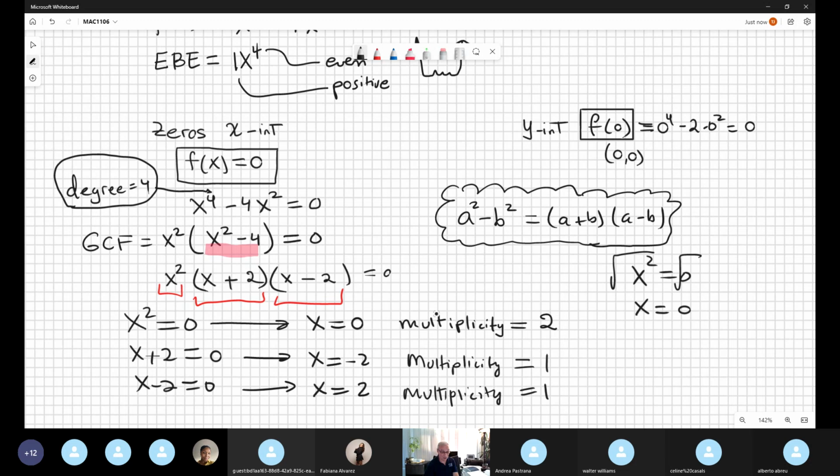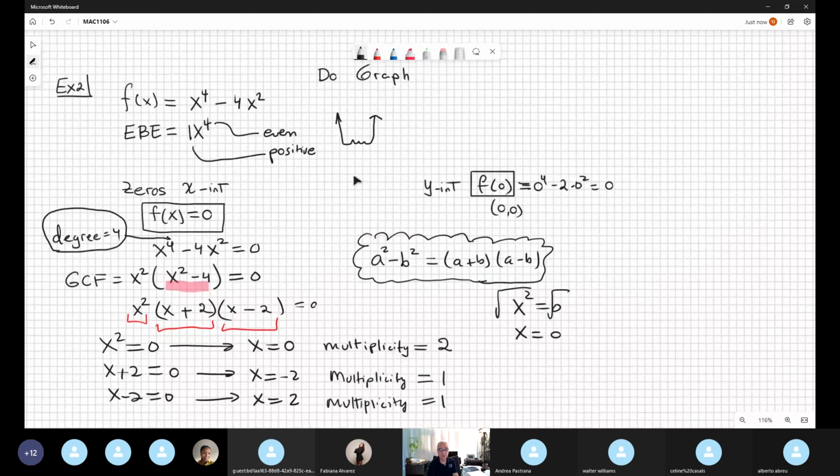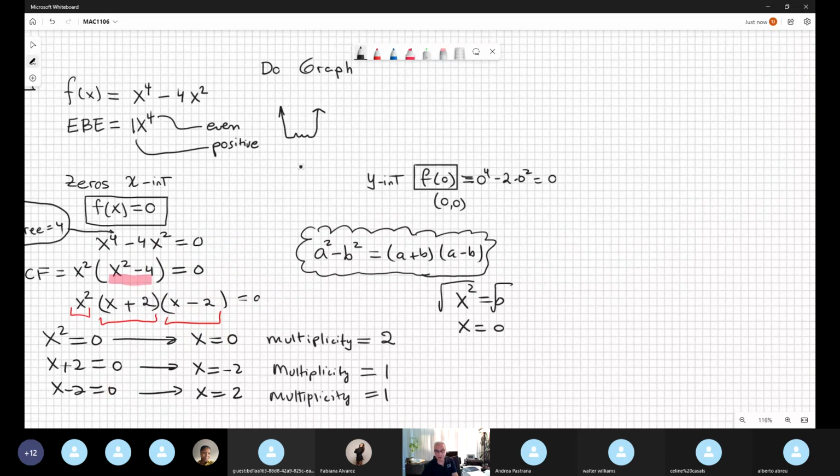Now, the thing I want to illustrate is the end behavior. You know the end behavior. Look, this is the end behavior. Let's try to do quickly, roughly, the sketch, and afterwards we check it out in Desmos. This is the x-axis, this is the y-axis. The important point is (0,0), because (0,0) is both the y-intercept and x-intercept.